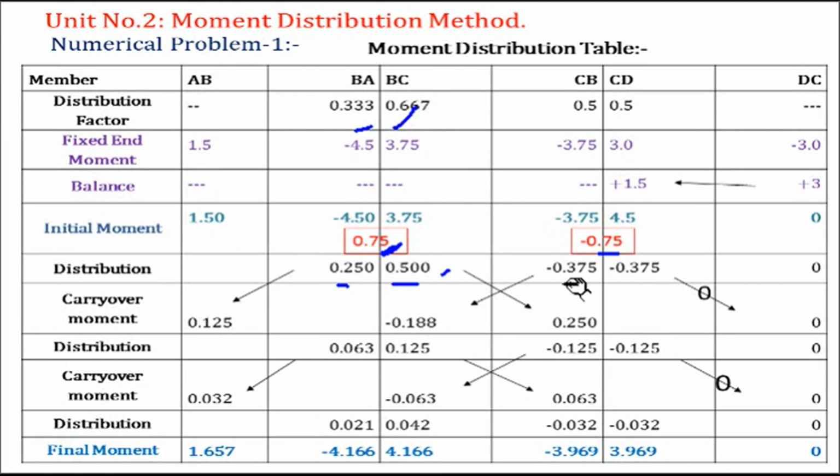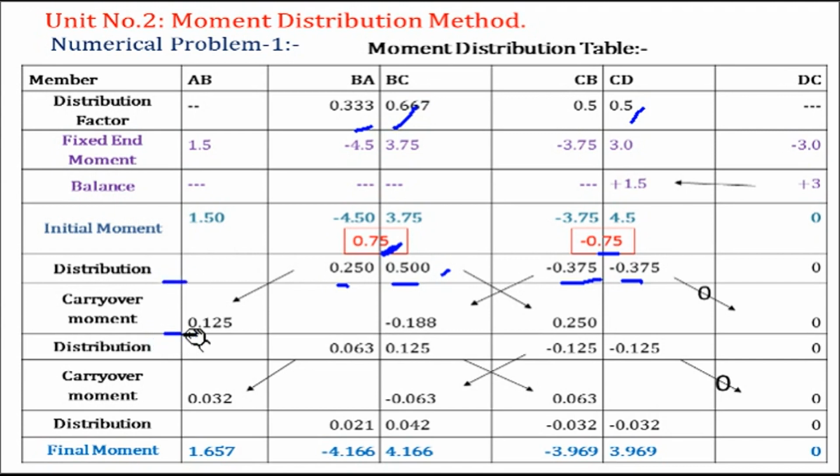Now same way find out distribution moment for CB. Minus 0.75 into 0.5, it becomes minus 0.375. Minus 0.75 into 0.5 for CD, it becomes minus 0.375. So these are the distribution moments.